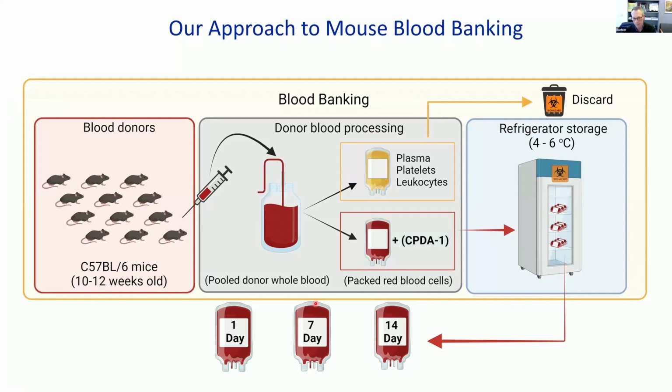We have several studies ongoing, but I'm just going to explain what we were doing with basically B6 mice. And we have a blood bank for mouse blood itself. We use donor pools to take blood from, process that blood as you would in a blood bank, store that blood as you would in a blood bank for various days.